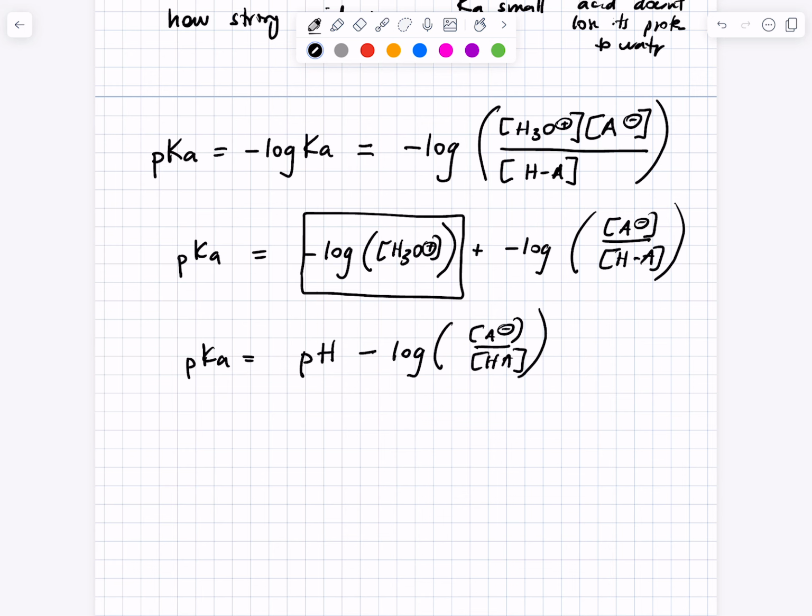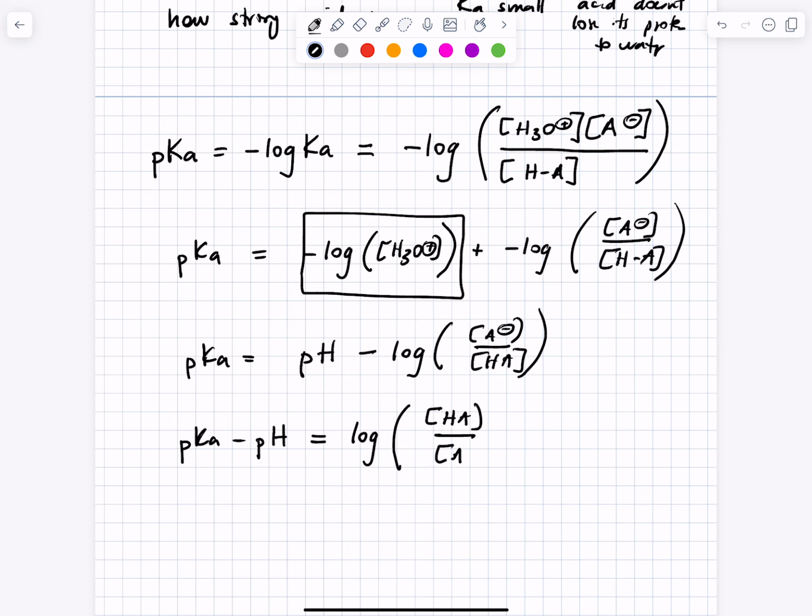Because what this equation tells us is that if you compare the pH of a solution to the pKa of an acidic group, it will tell you, I'm using another property of logarithms here, by the way, a negative log of a ratio is the same as the log of the inverse of that ratio.